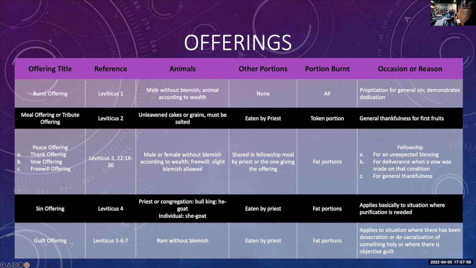Sin offerings with communion applies basically to situations where purification is needed, and guilt offerings applies to situations where there has been desecration or desacralization of something holy, or where there is objective guilt. If you've sinned and you're guilty, go to God. We deserve to ask for forgiveness for that. We need that offering. We need what Jesus did. Thank God for it. It cost him.